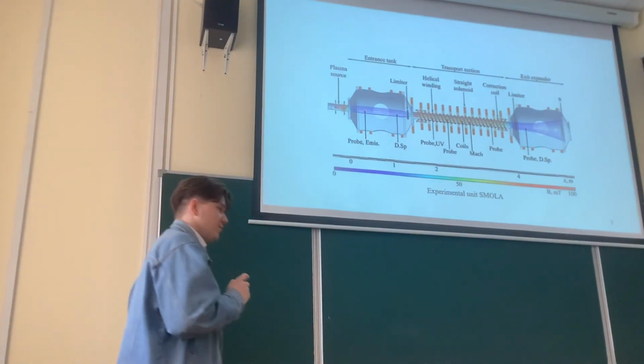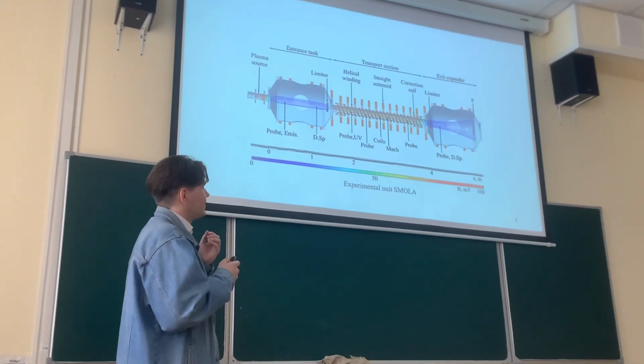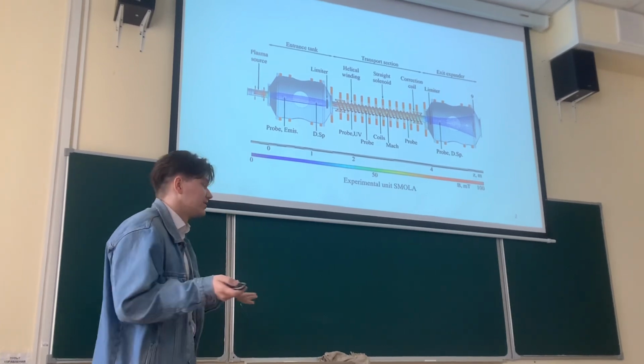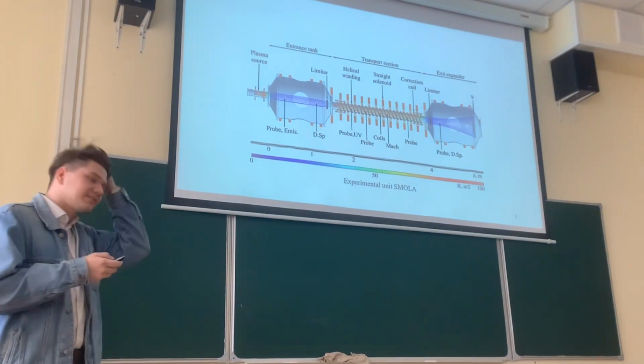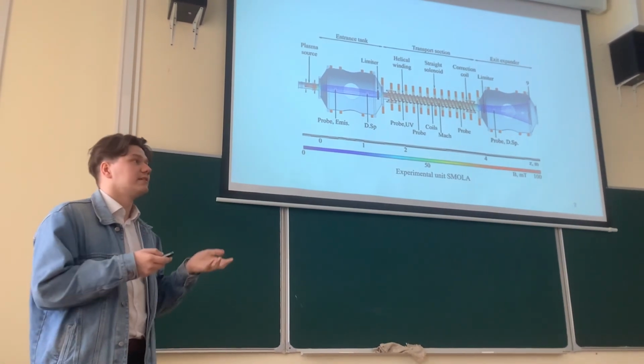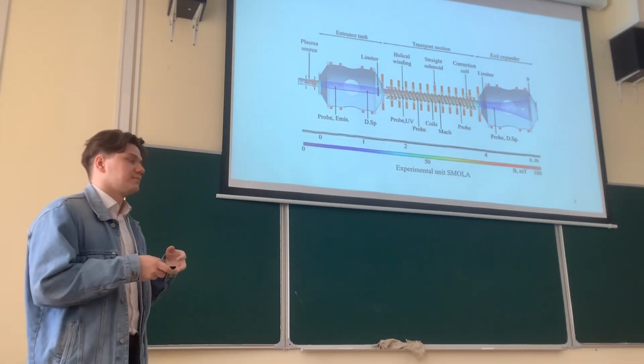But we need to understand: is it really a good method or bad? We need to understand it. And there is one characteristic of plasma that tells us, is it good or bad? It's the energy of plasma.